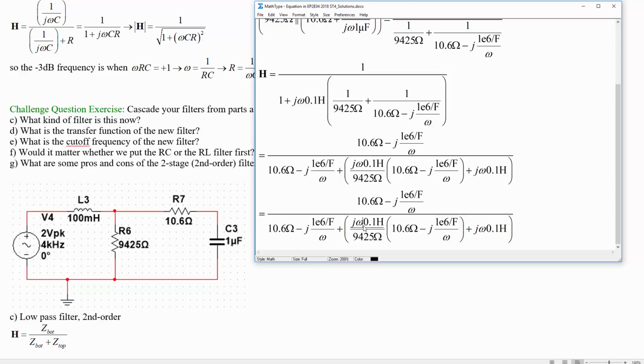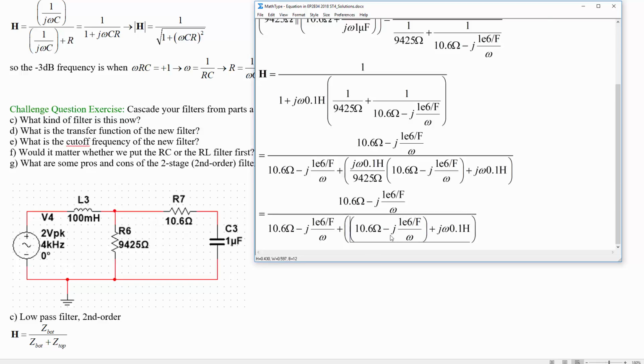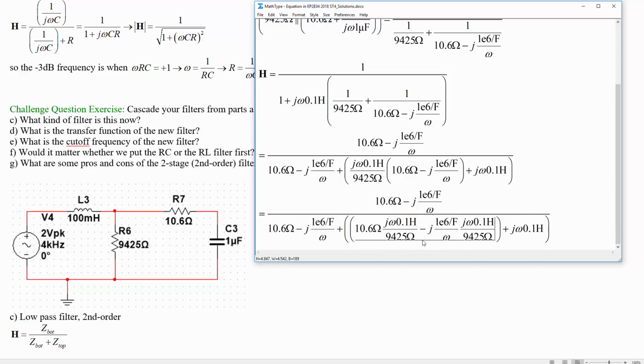So we've got one of those there and another one there, just multiplying it out. And then we can simplify. The minus j squared is going to be a plus, and the divided by omega and the multiplied by omega are going to cancel.